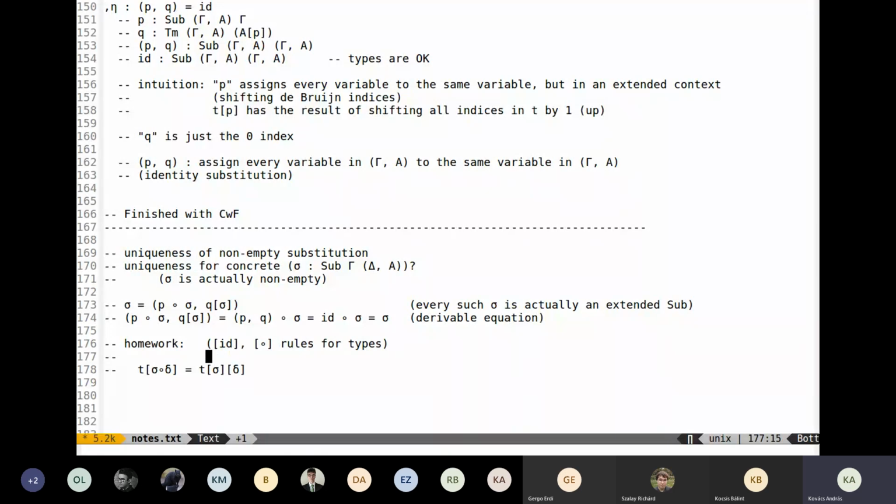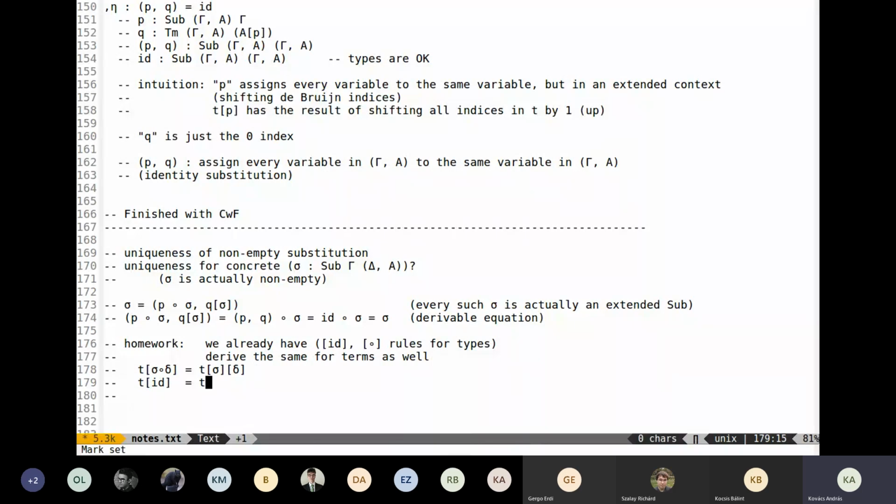And the homework is to derive the same thing for terms as well. So we have this equation, and we also have this equation.